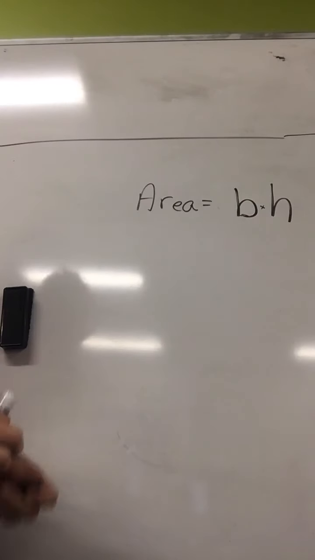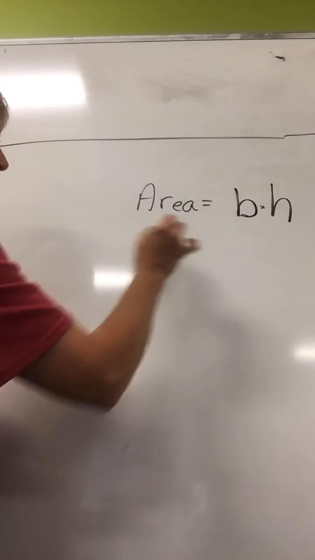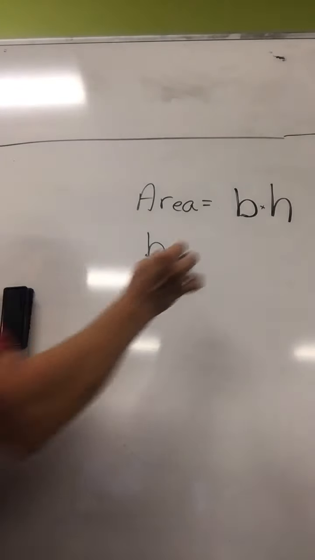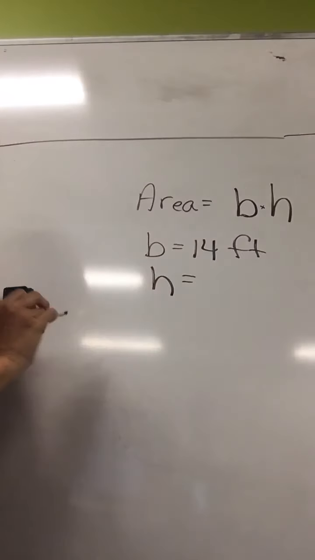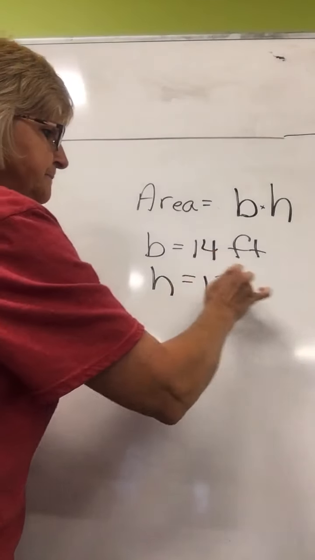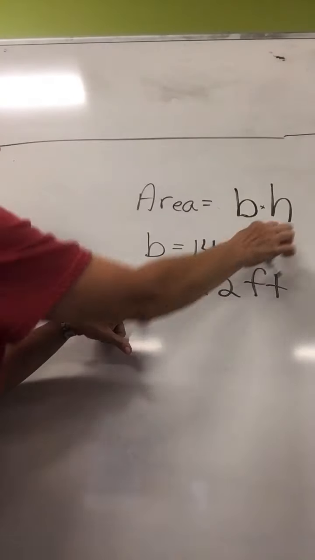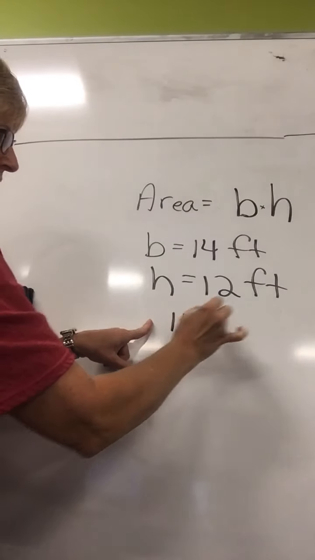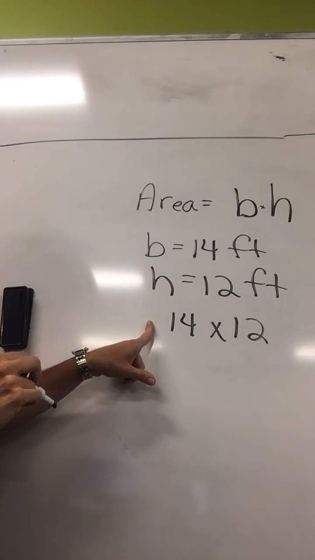Don't make it hard. If you don't have a picture, but it just tells you the base is 14 feet, the height is 12 feet, again, we just plug in the base, plug in the height. 14 times 12. Now, if you know that in your head, good for you.